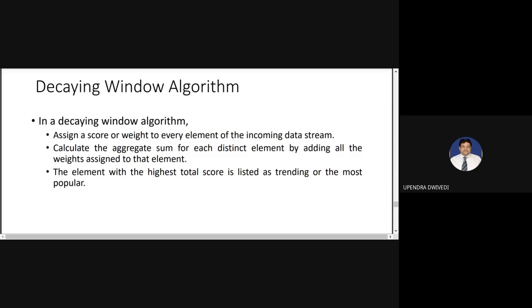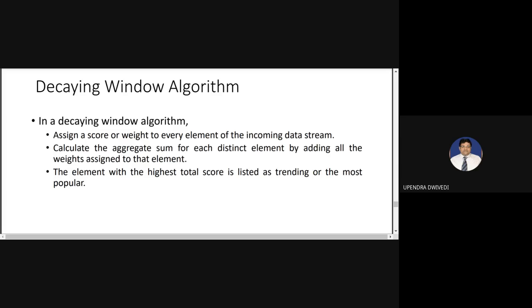At the end of our window length, we calculate the aggregated sum. We aggregate all the distinct elements and add their weights and assign the sum to the particular element. This way we find the highest total score among the distinct elements, and the element with the highest total score is treated as the trending or most popular element.